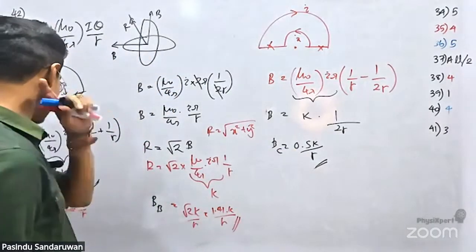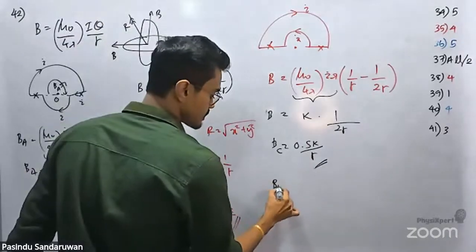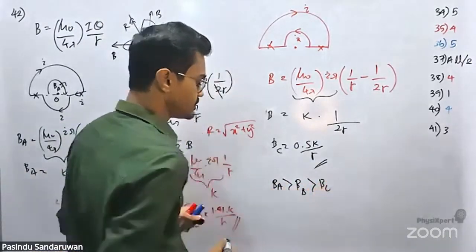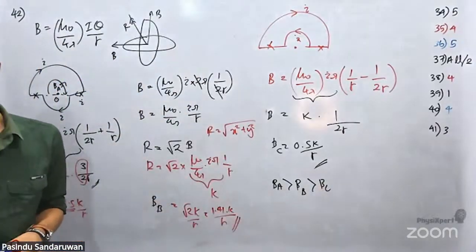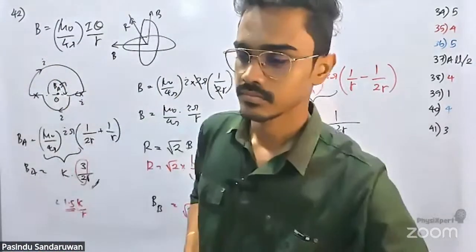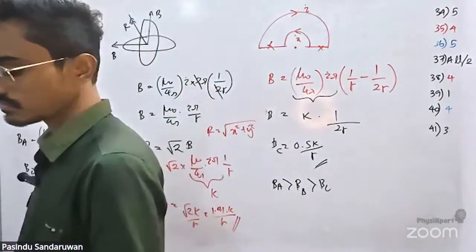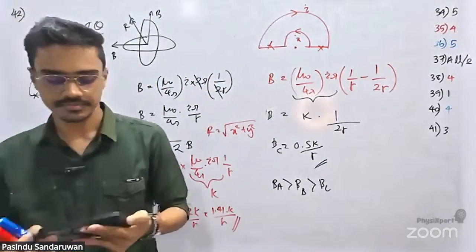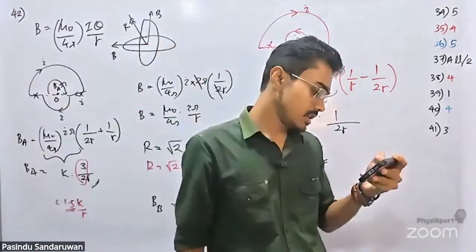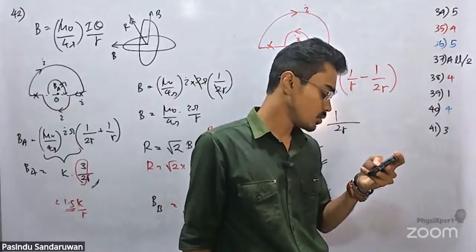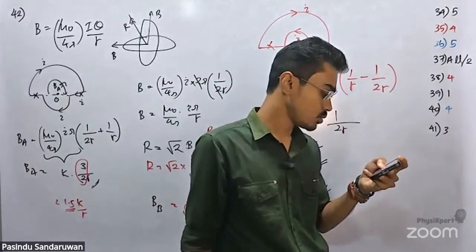So that is in the same order. BA is the largest, then BB and then BC. BA, 2, no? 42, answer 2.